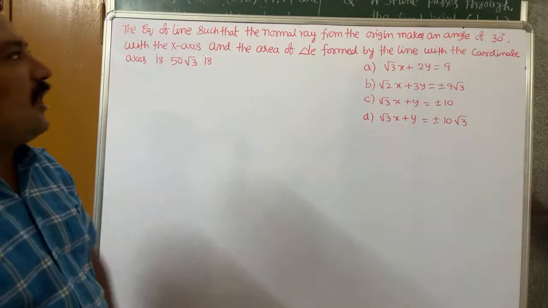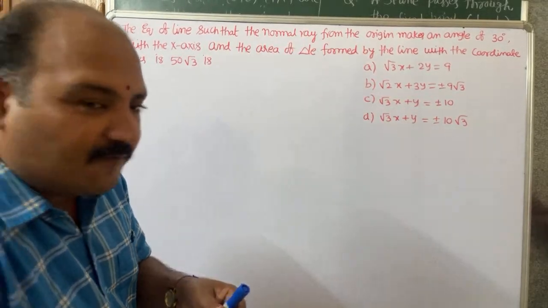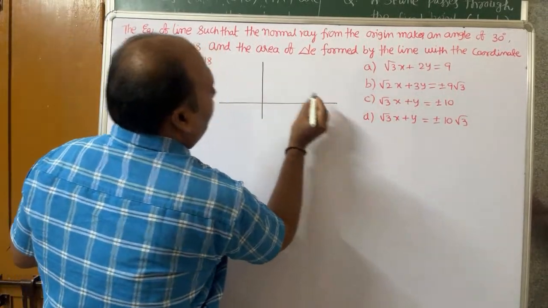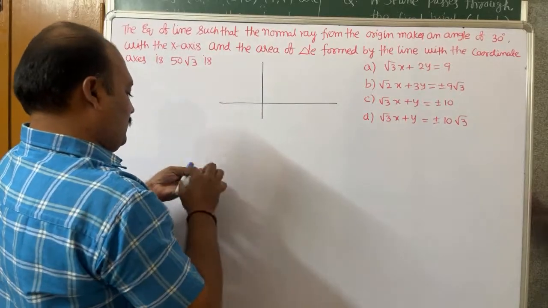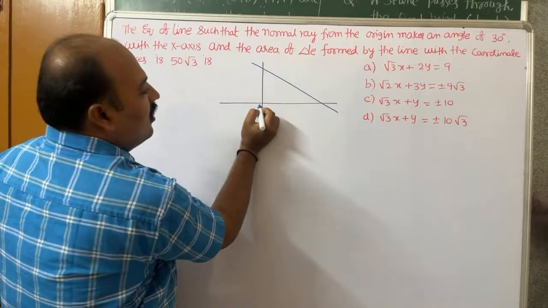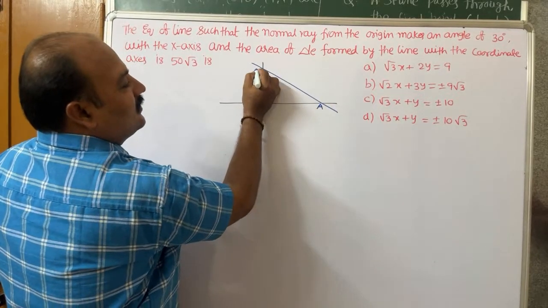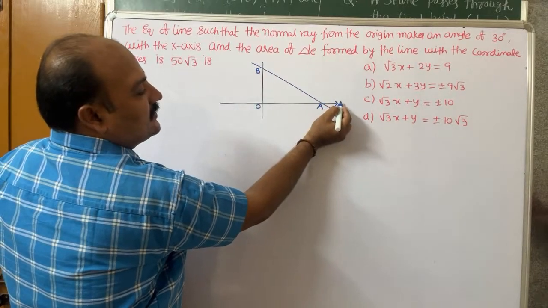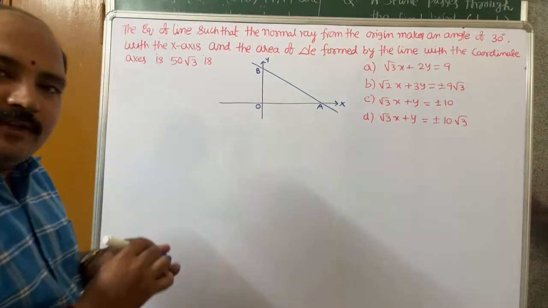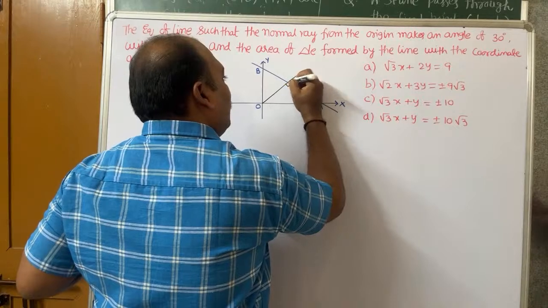The equation of line such that a normal ray from the origin, the figure will come like this. This is the origin. This line cuts the x-axis at the point A and the y-axis at the point B. So this is the normal ray.